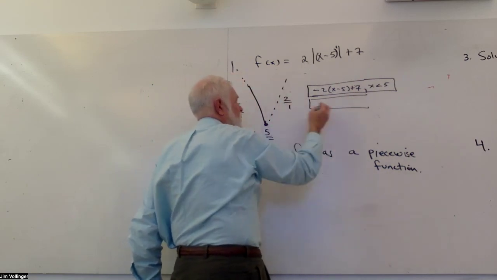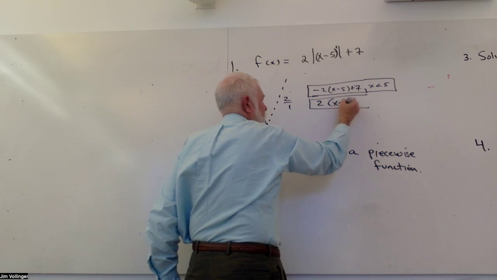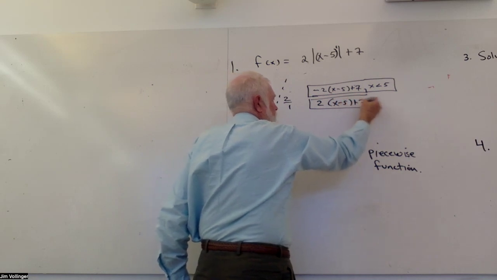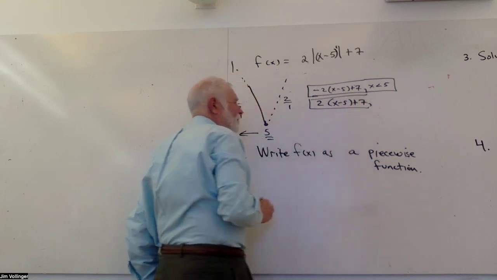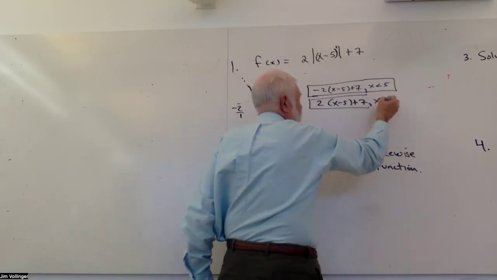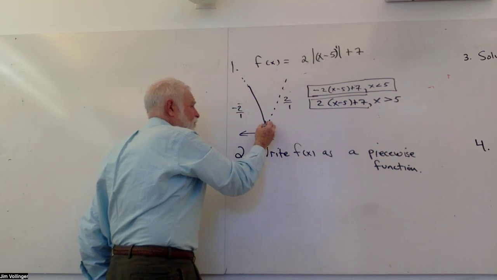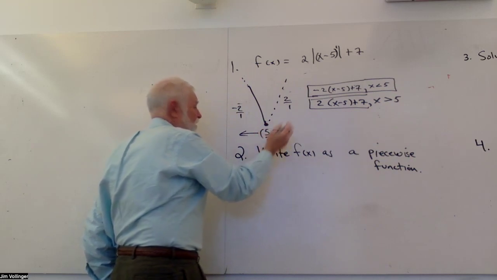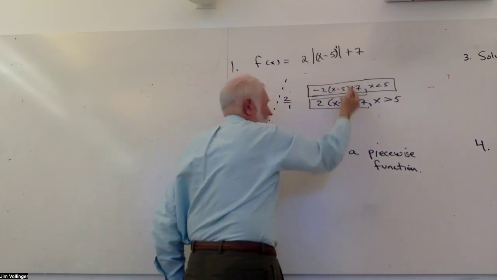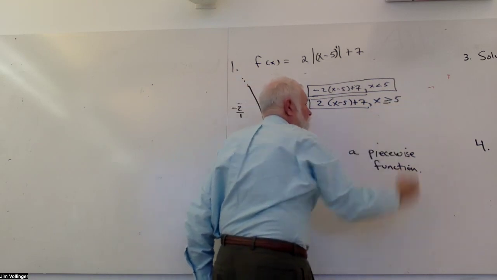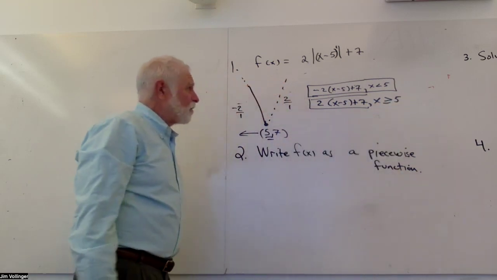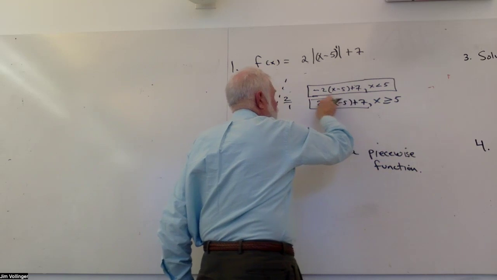And then we want to have what? The other branch going up 2 to 1. But that only happens when we get bigger than 5. And at 5, we do get 7. So we've got to define that, and it doesn't matter which one you put or equal to. Okay, and that's writing this as a piecewise function.